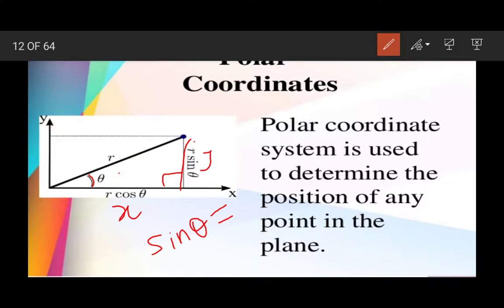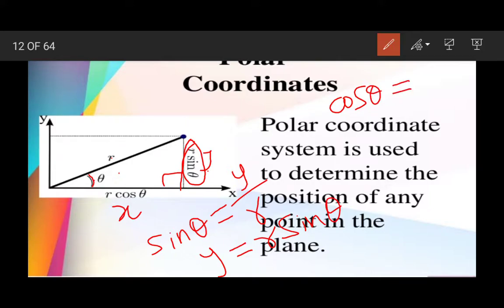So sine theta will be opposite upon hypotenuse, so y upon r. From this I get y is equal to r sine theta. Then cos theta will be adjacent upon hypotenuse, so x upon r.